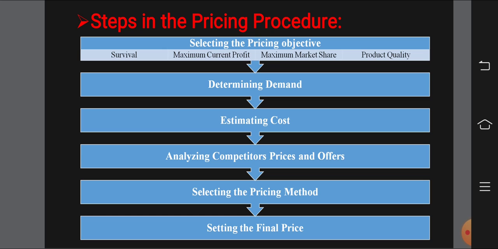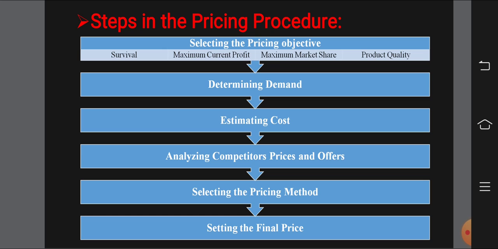Then product quality: if the firm's strategy is to provide better quality, then they can keep higher prices. For example, Nescafe, for all their products, chocolates, coffee products, and other consumable food items, provides very high quality. That's why all their products have higher price ranges compared to their competitors.